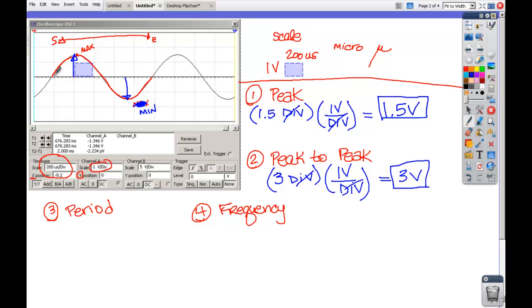So from start to finish is how many boxes? So it's 1, 2, 3, 4, 5 boxes, right? So if I move these over and line them up, so right, it's a little bit to the left. 1, 2, 3, 4, and 5, right?